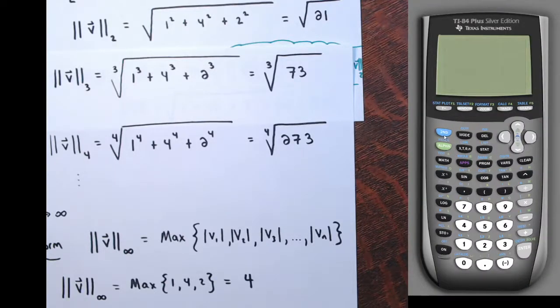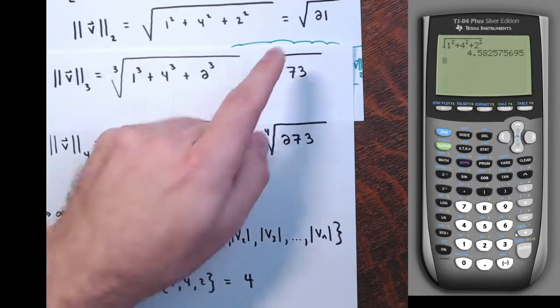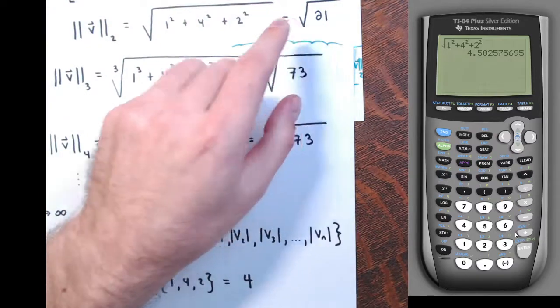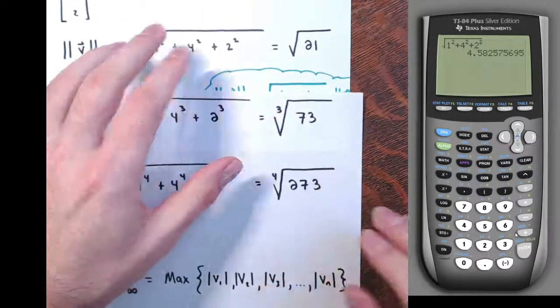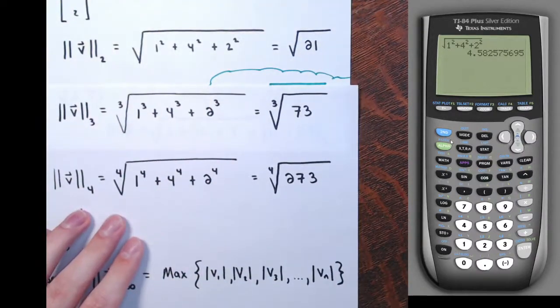Here was the 2 norm. The 2 norm was the square root of 1 squared plus 4 squared plus 2 squared, so the square root of 21, the 2 norm, which is your standard, natural norm, was 4.58. Now I'm going to change this into a function.